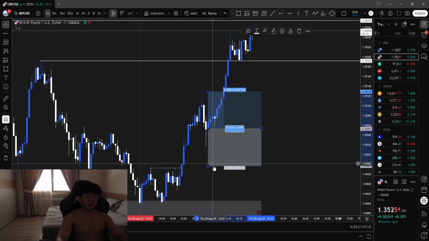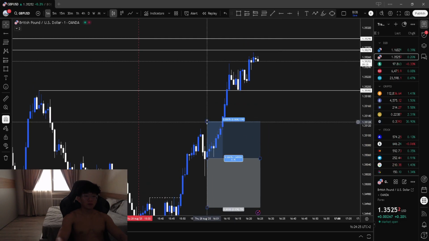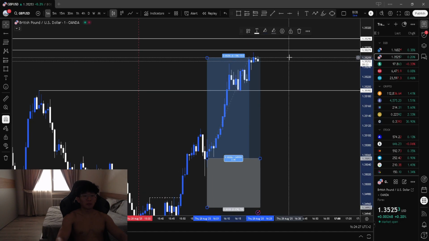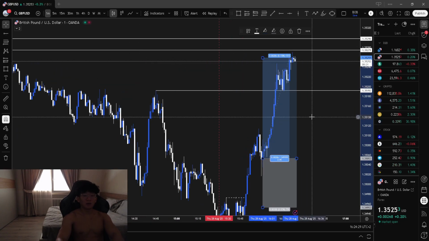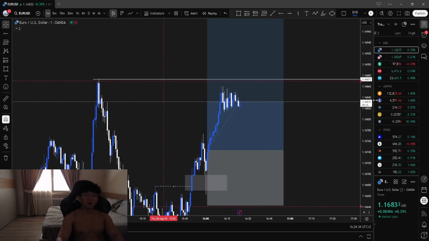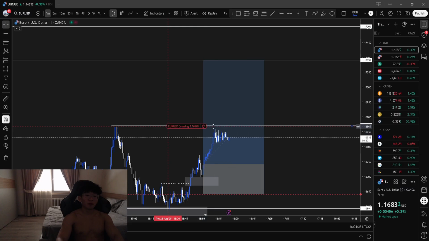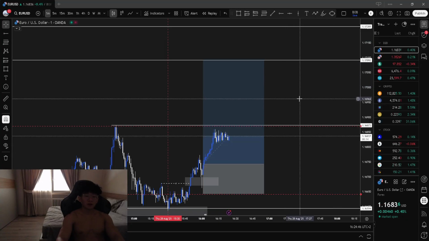So yeah, this is overall my emotions right now, because I would be up that many RR if I had entered on GBP USD. Meanwhile on Euro USD I'm stuck here. It's consolidating, but I would like to see this wedge push up, honestly.